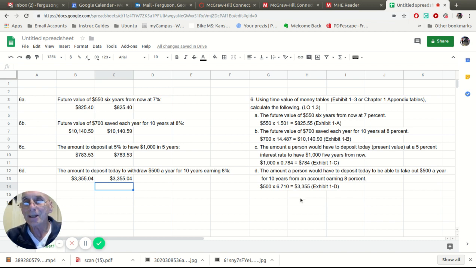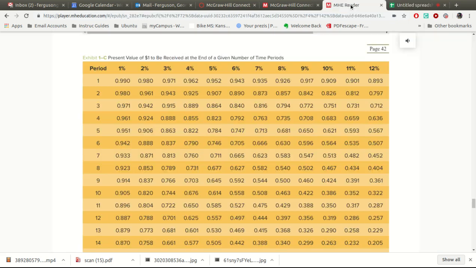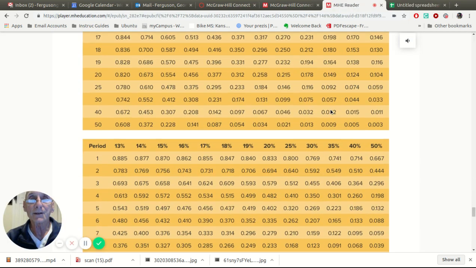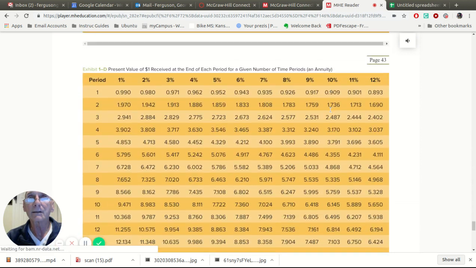Now in D, it's asking for the present value of an annuity. In other words, how much do I have to put away now so that I can take out $500 a year for 10 years? And I'm going to get 8% on my money. All right, so we go to table 1D, present value of an annuity.